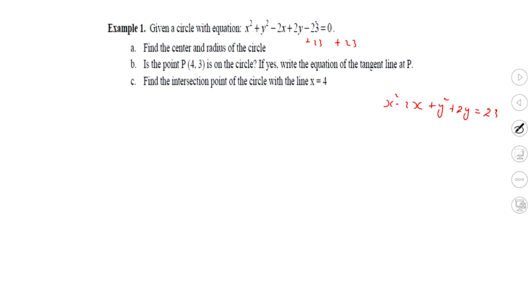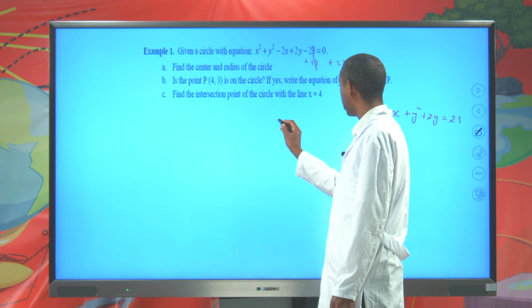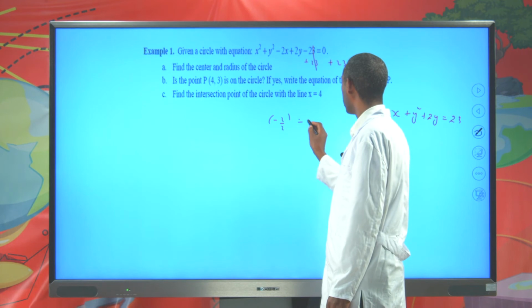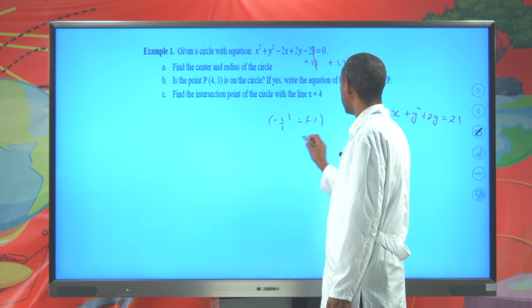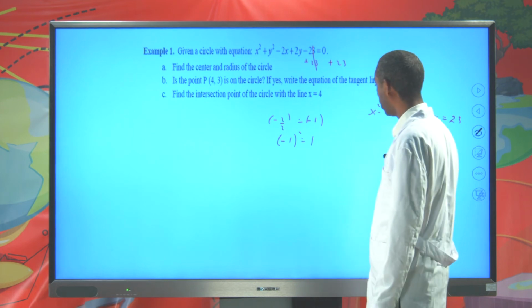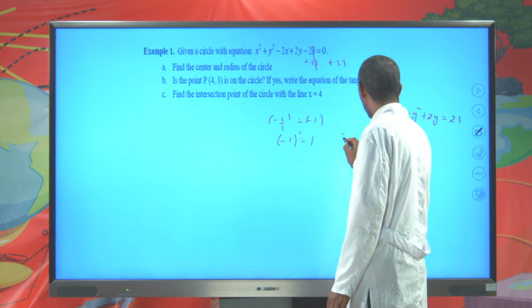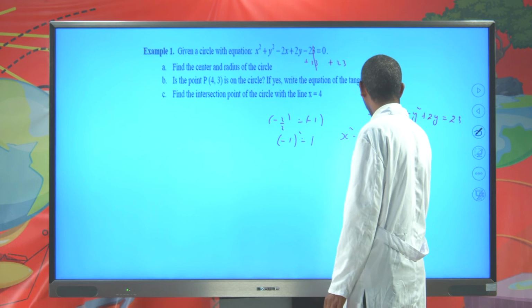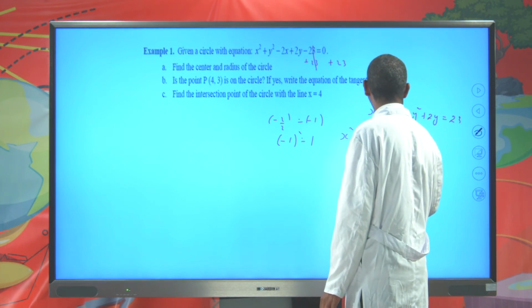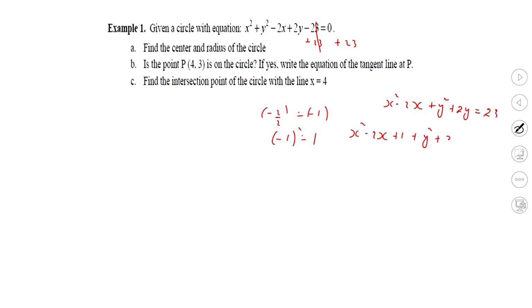This will cancel out. Now, as I did before, let me use the completing the square method. Minus 2, divide it by 2, which is minus 1. Then square minus 1, which gives you positive 1. Then my new equation becomes x squared minus 2x, add 1, plus y squared plus 2y.